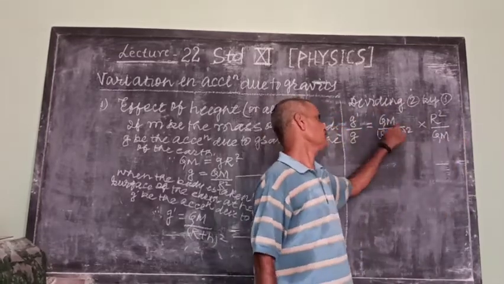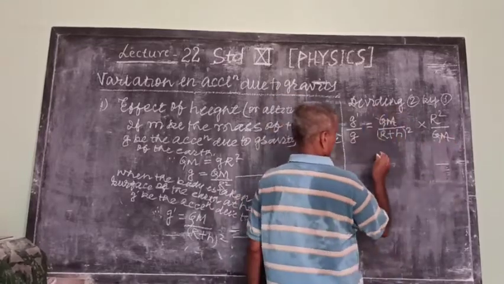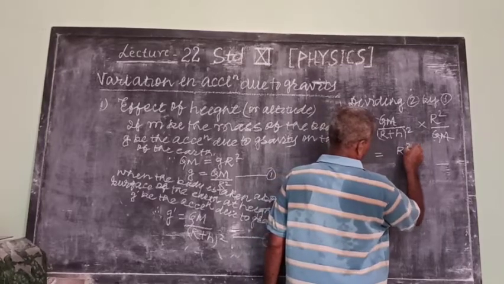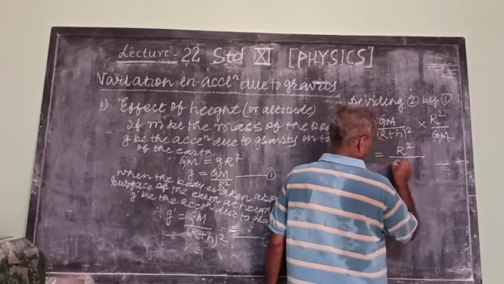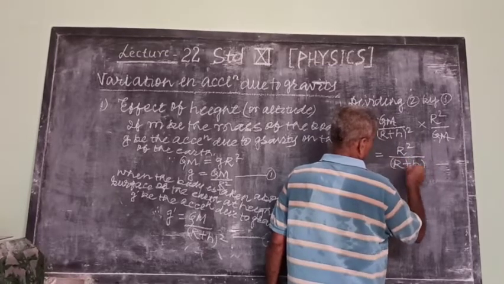This GM will cancel, and it will be R square by (R plus h) whole square.